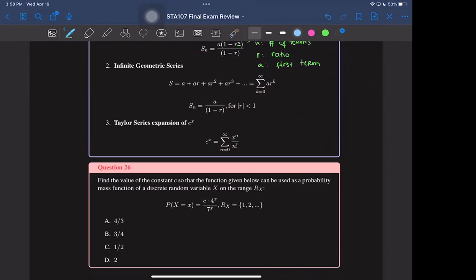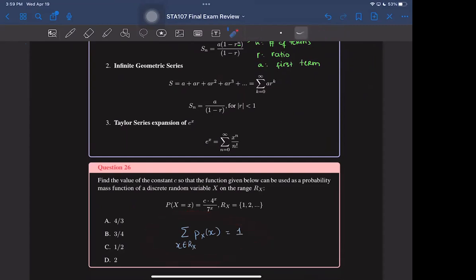Remember that when you want some function to be a valid PMF, then if you sum up the function over the range of x, it should add up to 1.